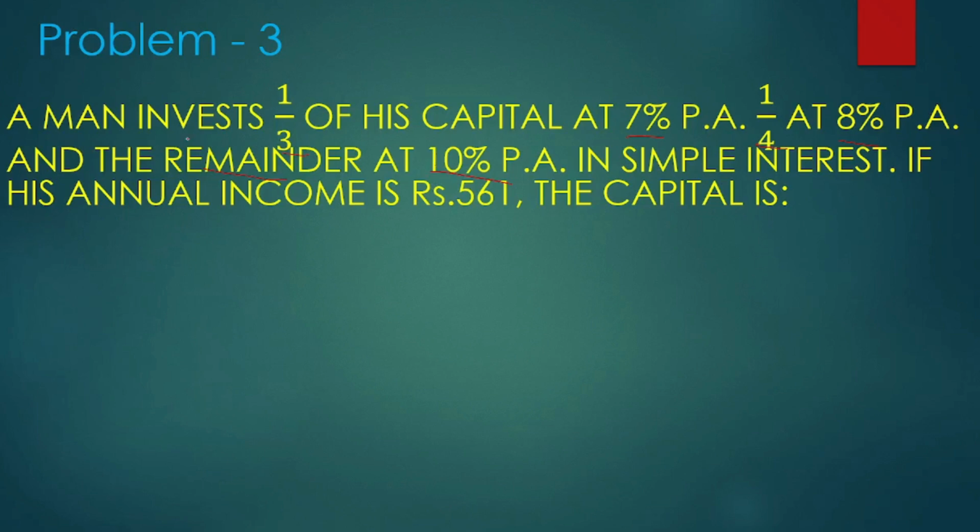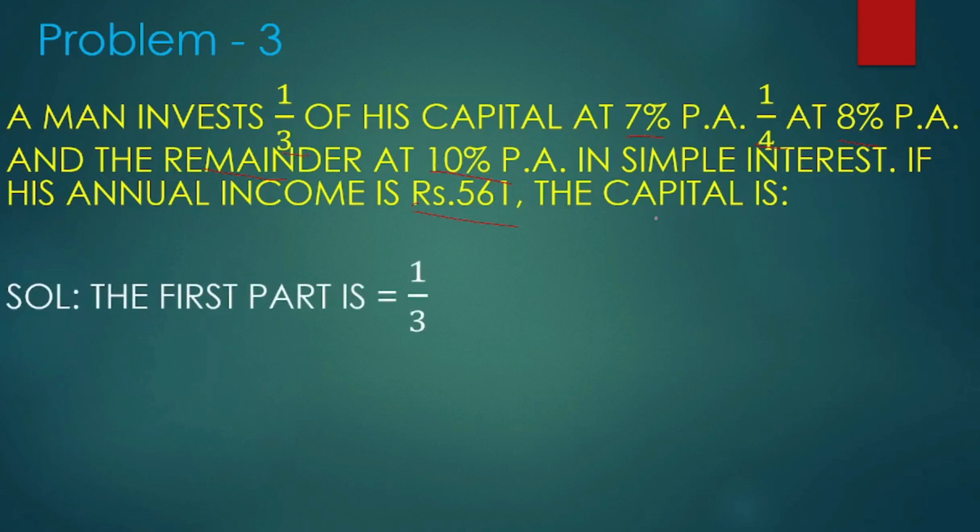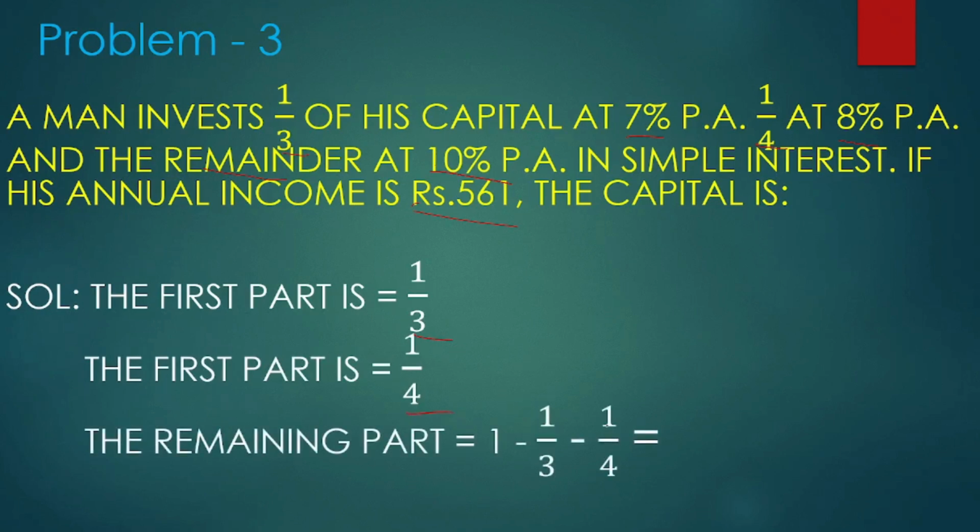If his annual income is 561 rupees, the capital is? So the first part here is 1 by 3 and the second part is 1 by 4. The remainder means 1 minus 1 by 3 minus 1 by 4, because while dealing with fractions, the total will be treated as 1.